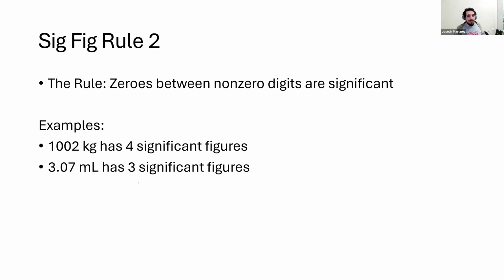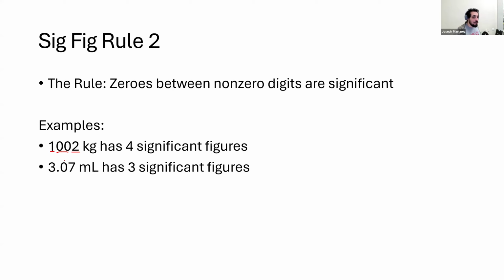Rule two, captive zeros between non-zero digits, those are significant. So when we look at this first example, we have 1 and we have 2. 1 and 2 are significant digits. These middle zeros are captive or sandwiched by significant digits. And since they are sandwiched between significant digits, well, that means they themselves are significant.